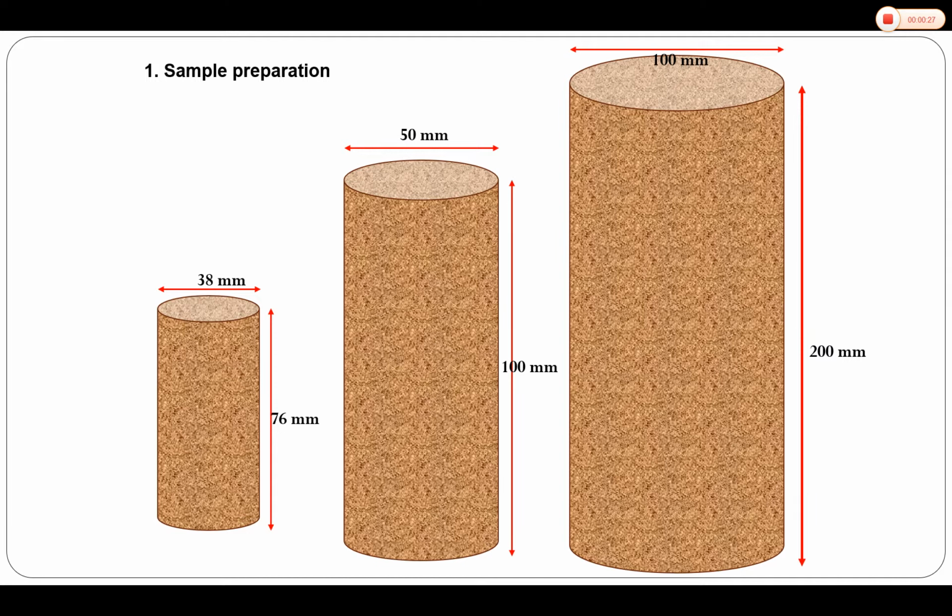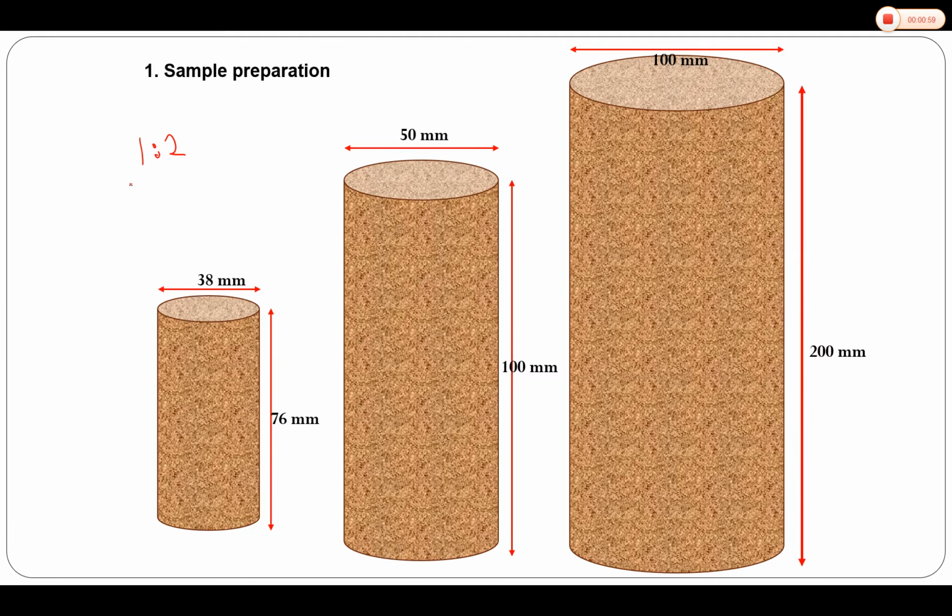Okay, for the sample preparation, as I mentioned earlier in the introductions, there are three common types of the triaxial test. We have 38 mm diameter, 50 mm diameter, and 100 mm diameter. But the requirement for the specimen in a cylinder shape is that it should have this ratio, 1 diameter to 2 length.